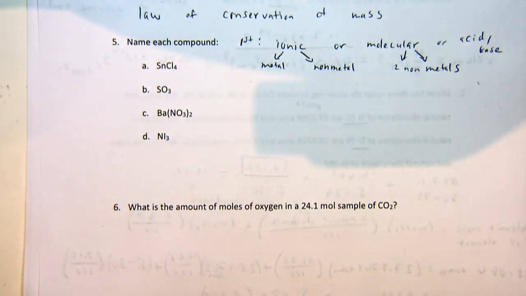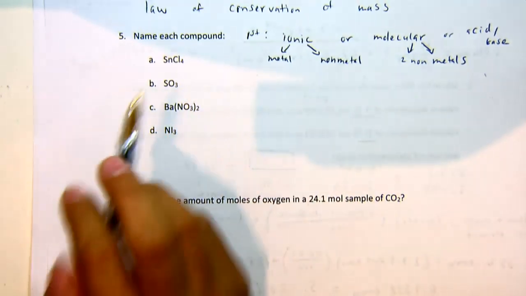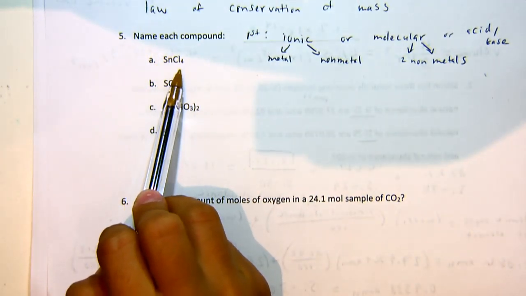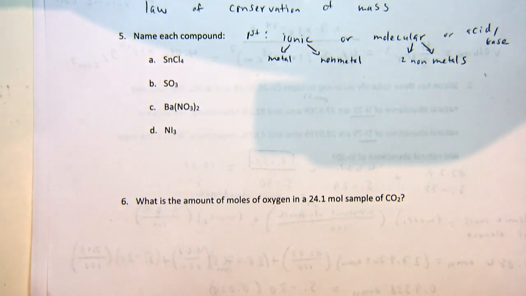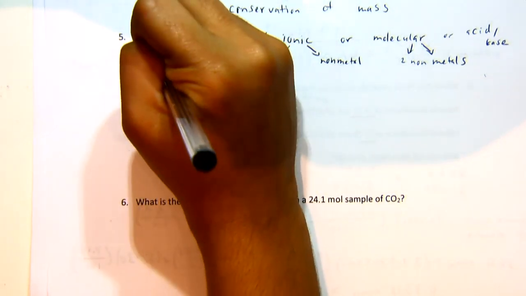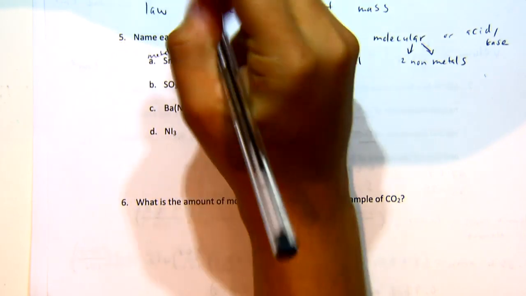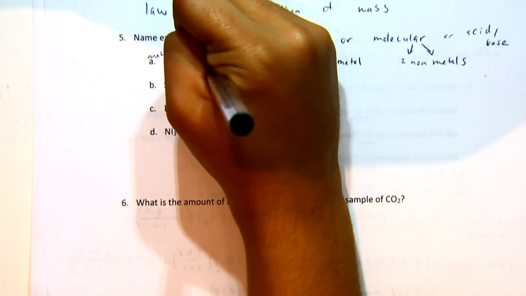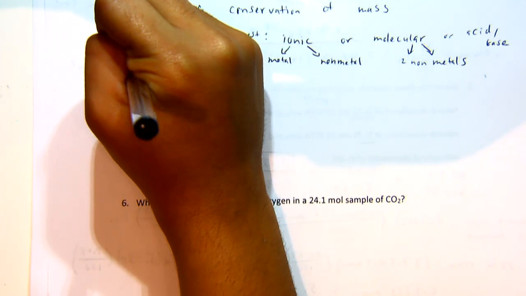So our first compound is 1 tin and 4 chlorines. So we know that tin is a metal and chlorine is a nonmetal. So this is going to be an ionic compound.